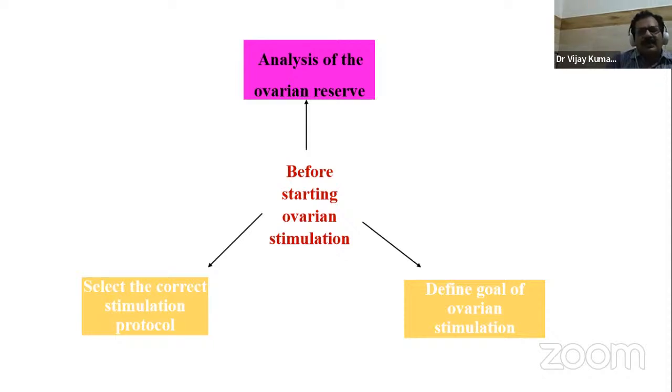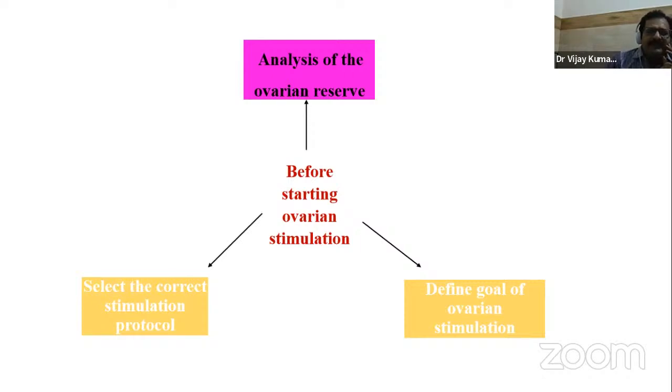So I was telling you about the investigations which are necessary for ovarian reserve. So why does ovarian reserve have to be understood? Because if there is an adequate ovarian reserve, then the stimulation protocol will be entirely different compared to the woman who is having the poor ovarian reserve.